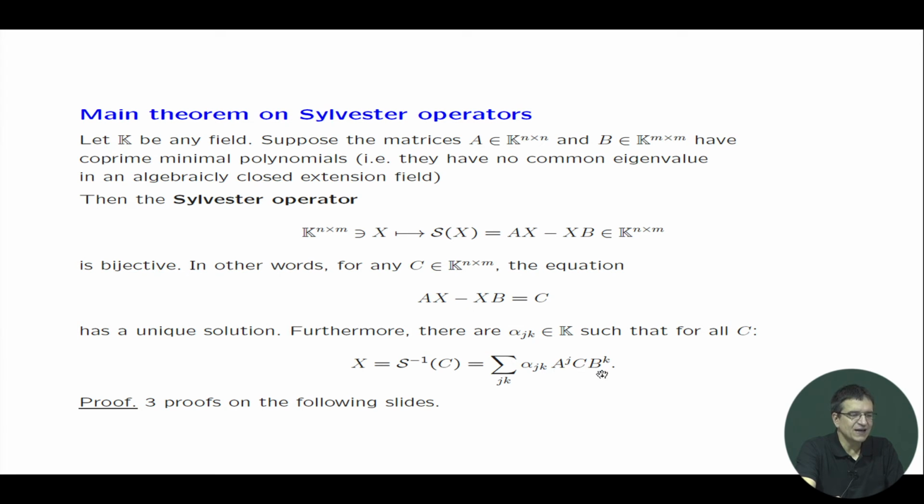One variable is A and the other is B. And so the inverse is again a linear operator, of course, it has to be. And it can be given in this nice form. Okay, and I'll give 3 proofs.